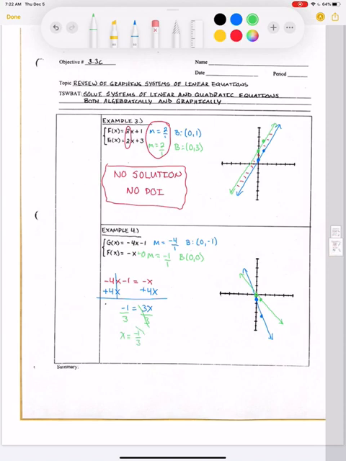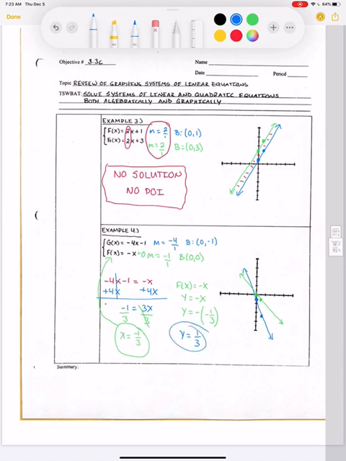And once I know x equals negative 1/3, I'm going to take it and plug it back into f of x, so that I can say y equals negative x. And since I know that x is negative 1/3, I can plug that in. So negative negative 1/3. This would mean that y equals positive 1/3.